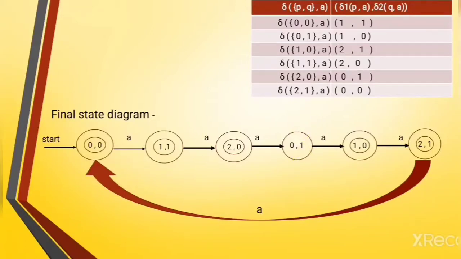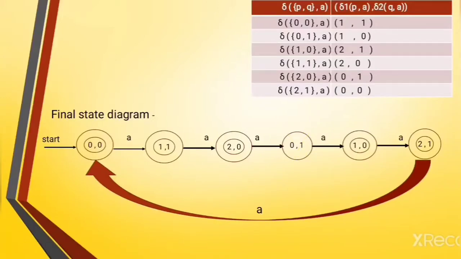And if the number of A's is 9, then also the state will not accept. We will see here now: 1A, 2A, 3A, 4A, 5A, again it goes to the first state, 6A, 7A, 8A, 9A, then also the state will not accept.